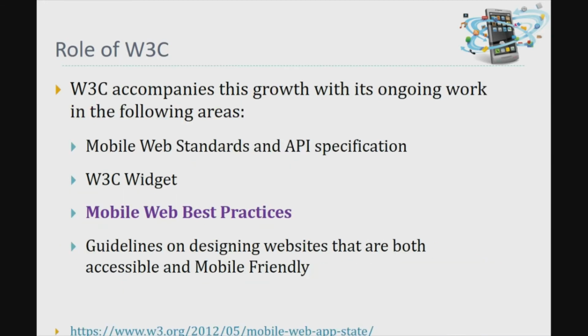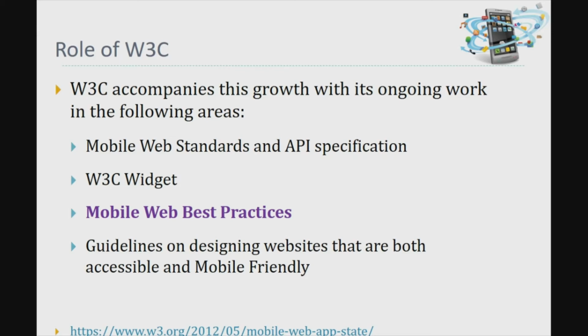Okay. This organization accompanies this growth with its ongoing work in the following areas. The first one, mobile web standard and the API specification. So when we have the standard on the API and the standard of the mobile web, it's easy for the developer to develop a mobile web application.